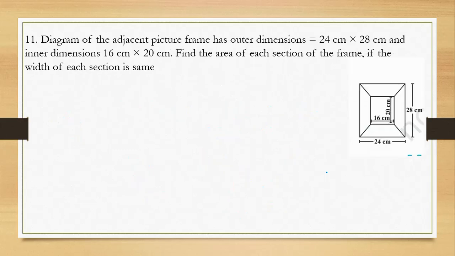So next we move on to the next question, and it is the last question of the exercise. In this question, the given diagram of the adjacent picture frame has outer dimensions 24 into 28 centimeter and the inner dimensions are 16 and 20 centimeter. Find the area of each section in the frame if the width of each section is same.